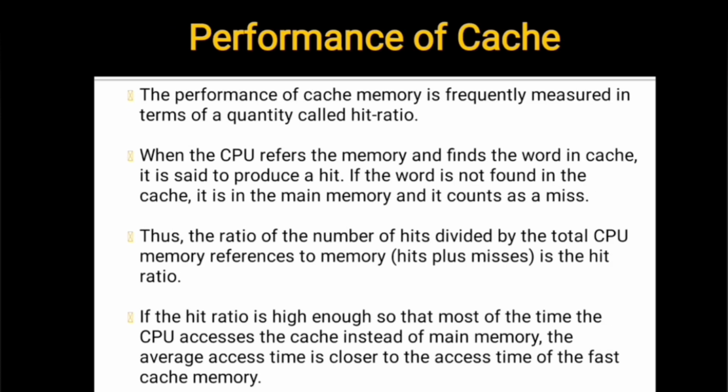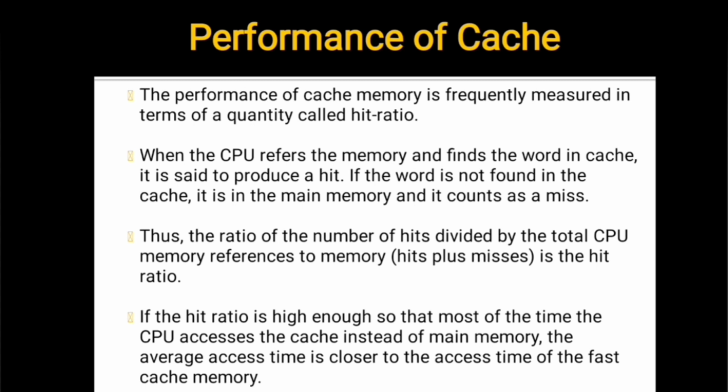Now let us first understand the performance of the cache memory. The performance of cache memory is frequently measured in terms of a quantity called the hit ratio. Whenever the CPU refers to the memory and finds the data in cache, it is said to produce a hit. So whenever the CPU examines the cache memory first and is able to find the data, we say that there is a cache hit.